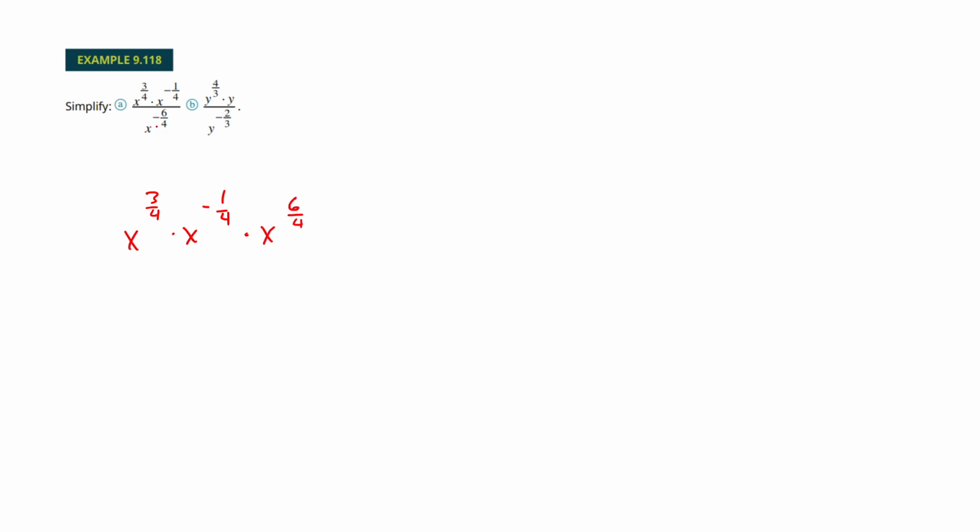I moved this one up to the top by making him a positive. Now, if I'm multiplying, remember what we did if we had x to the 2nd times x to the 3rd, we just added. Well, there's 3 of them now, but let's just add all of those. Now, it's plus -1/4, so I'm going to subtract that guy. I'm just adding up all the exponents. Well, I'd get 8/4, which is just 2. So believe it or not, all of that turns into x to the 2nd.